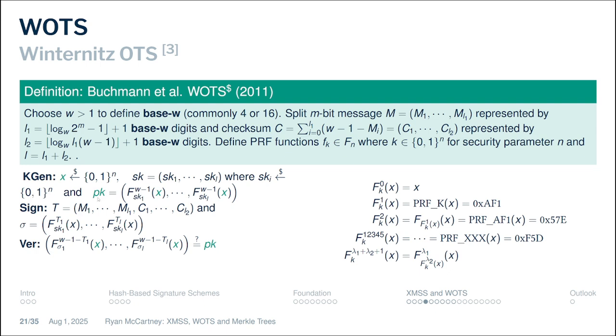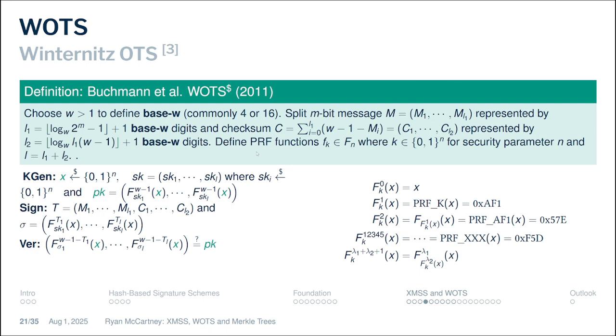Then we compute the public key by applying this f function w minus 1 many times on this x, and the secret keys sk_1 to sk_l respectively. And this is just going up this function chain to arrive at the public key.